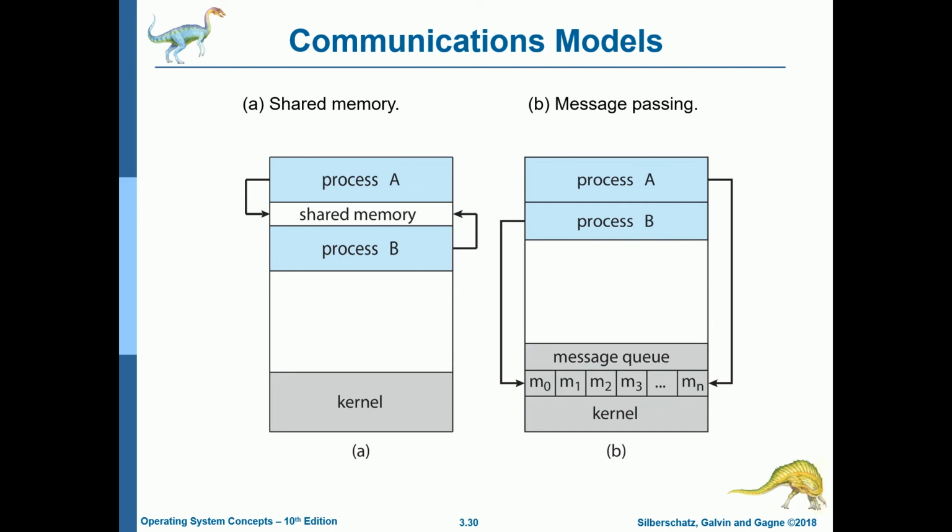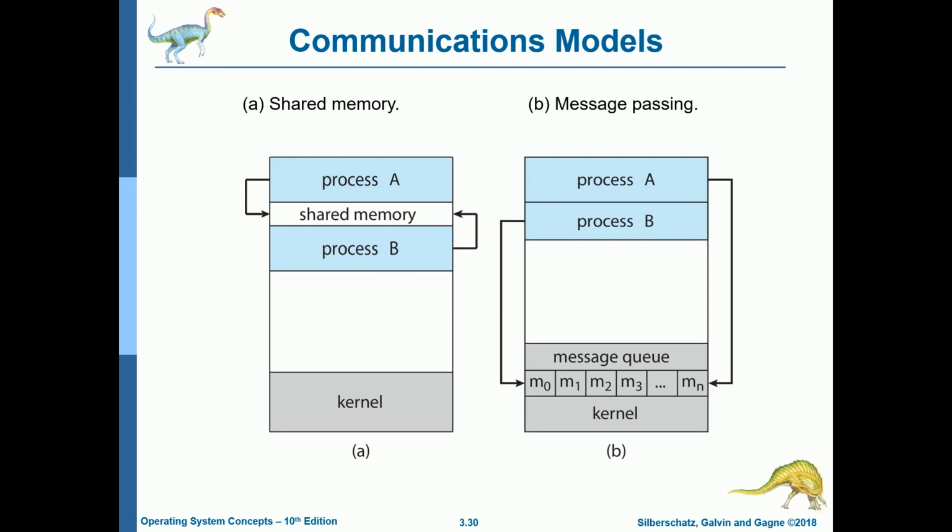Message passing is very useful for exchanging smaller amounts of data because no conflicts need to be avoided. Message passing is also easier to implement in a distributed system than shared memory.